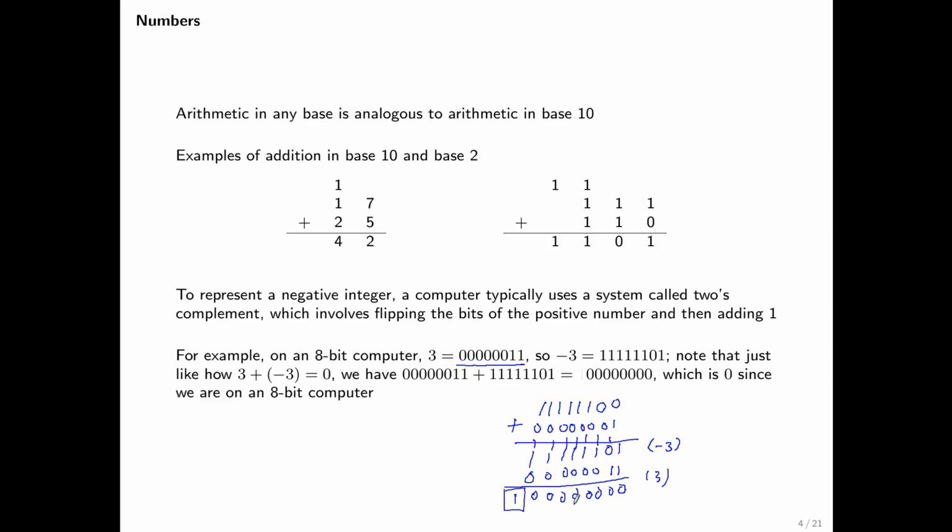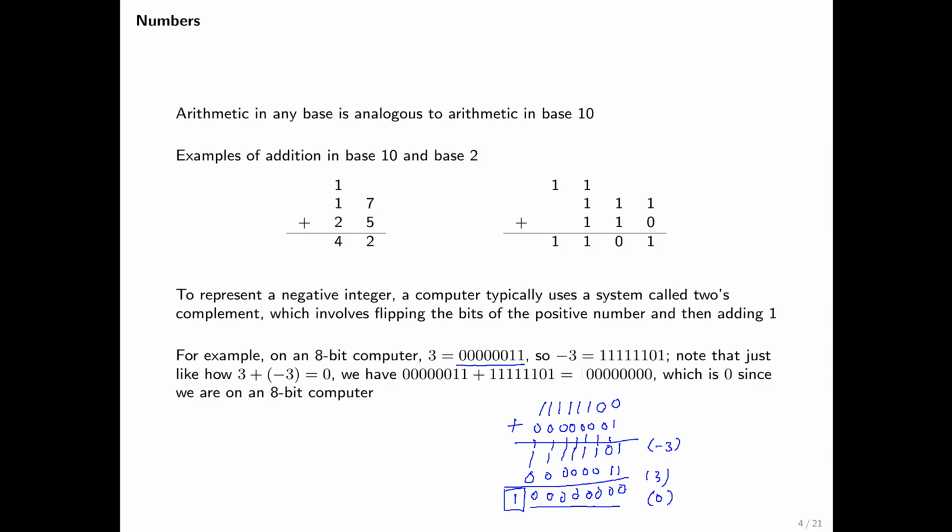Now this is 0. So you have 8 zeros, and then the 9th bit here is 1, but that's completely ignored because we are on an 8-bit computer. So this is all that matters, and that is 0. So this representation is quite consistent. A number plus its negative gives us 0, as we would expect.